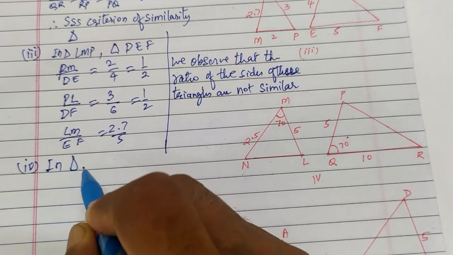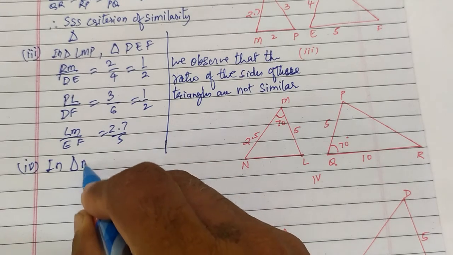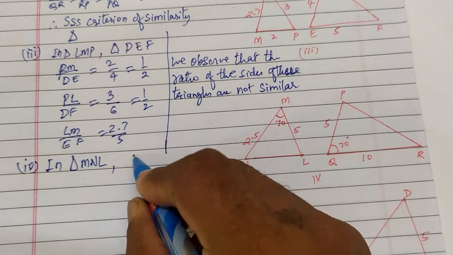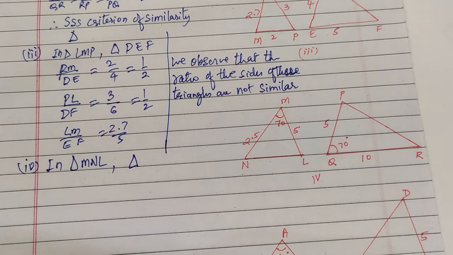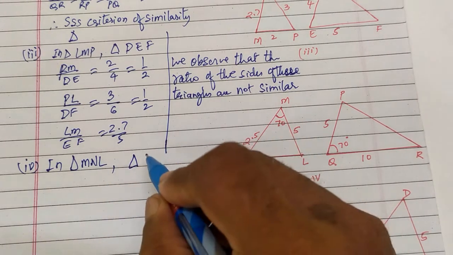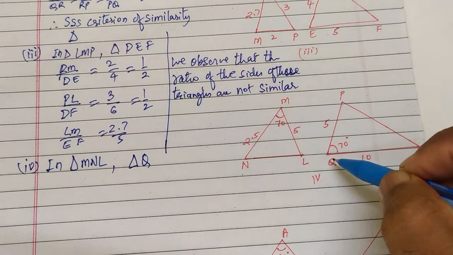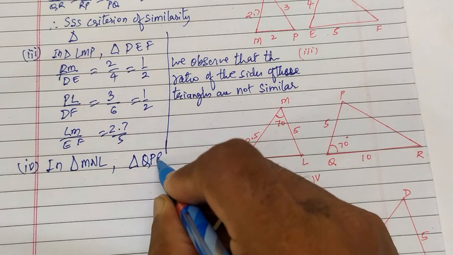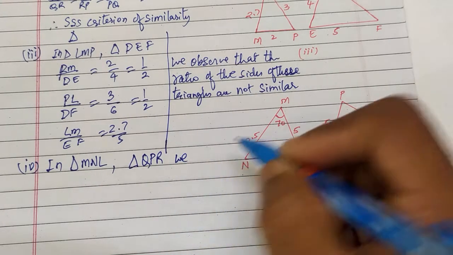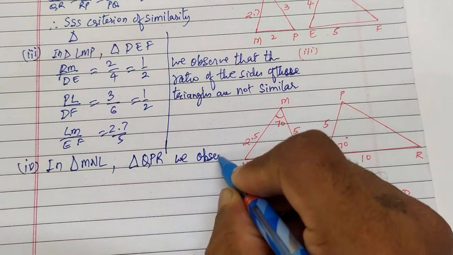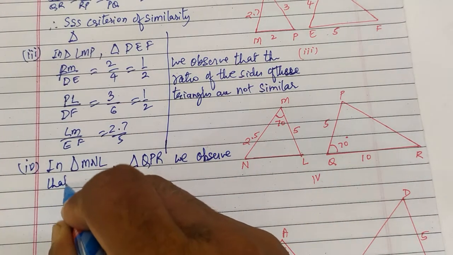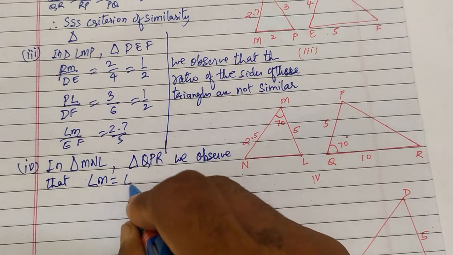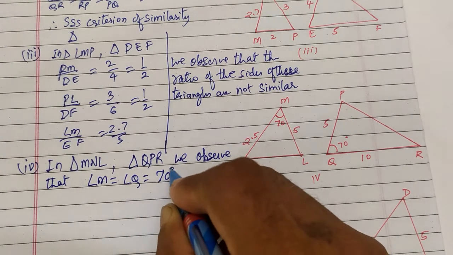In triangle MNL and triangle PQR, we observe that angle M is equal to angle Q is 70 degrees.